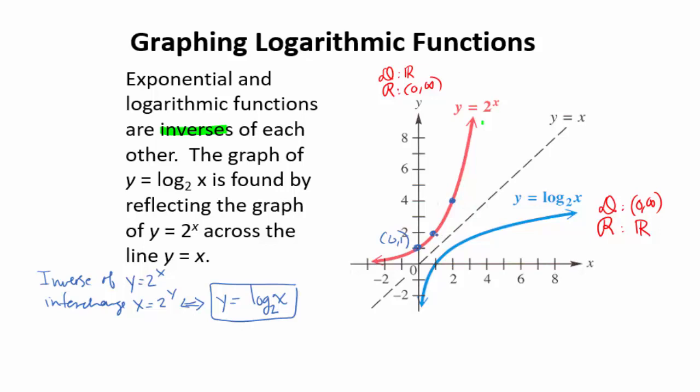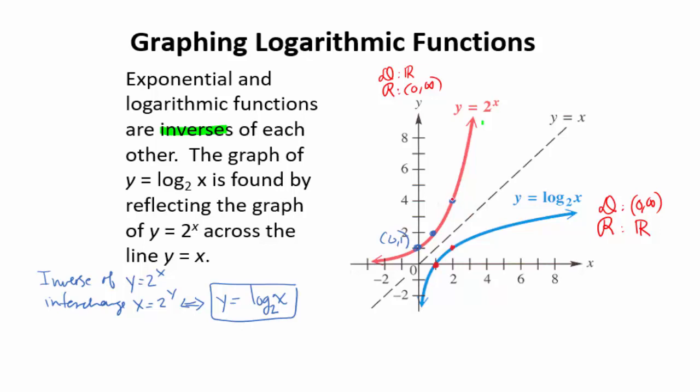So all these ordered pairs, we're going to interchange them. So now interchange those ordered pairs. What do you get? You'll get 1, 0, and then instead of 1, 2, you get 2, 1.